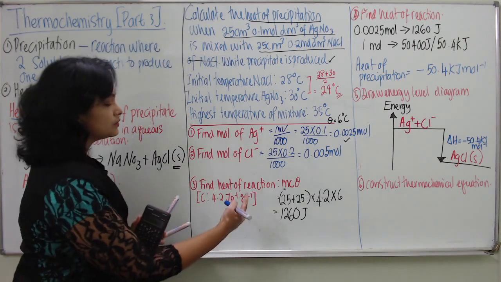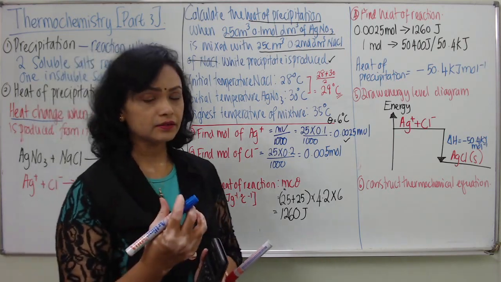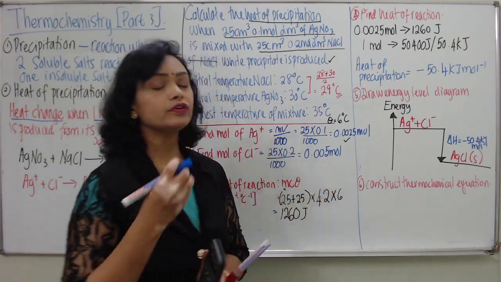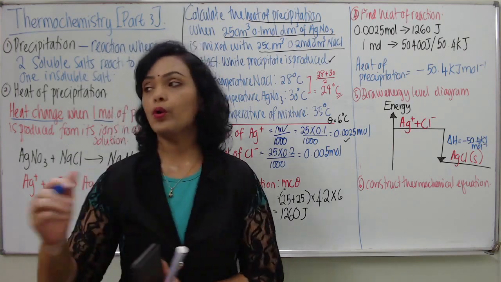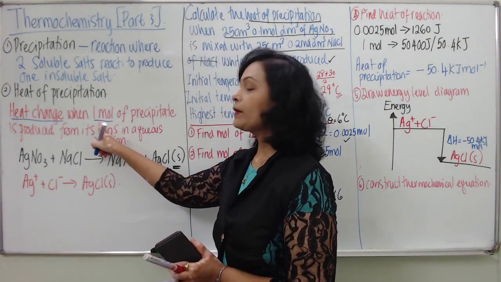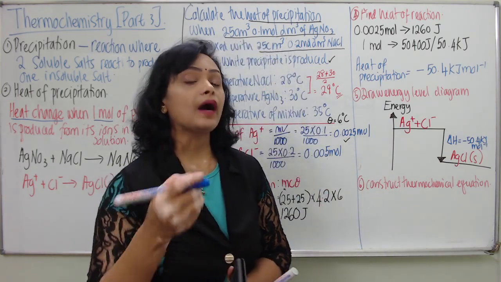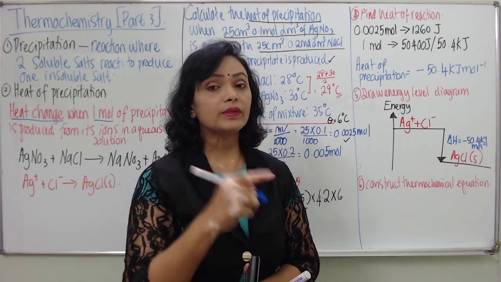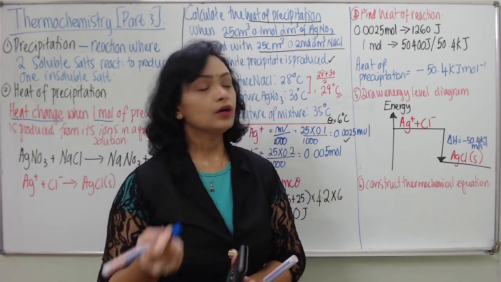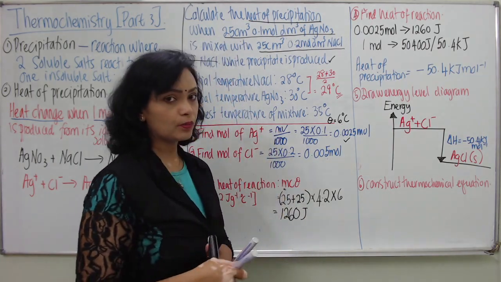For heat of reaction we only use joule, but for heat of precipitation we use kilojoule per mole. Why? Because we want per mole, 1 mole. Okay, like kilometer per hour. So 1 kilometer for 1 hour. It's like that. Alright, so that's the reason why we use per mole.